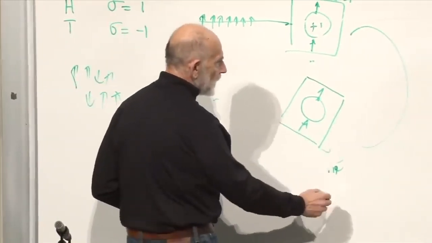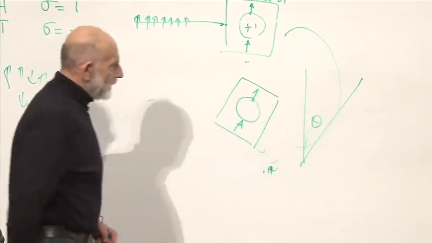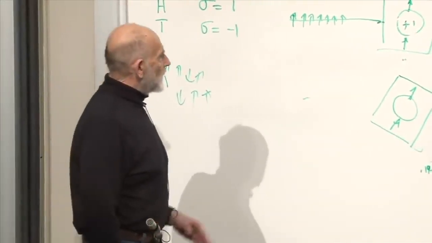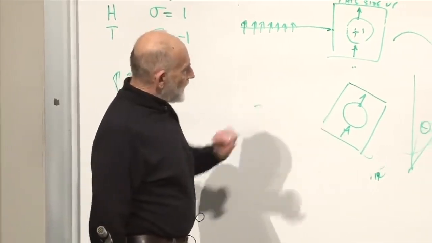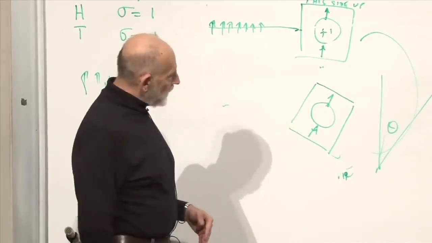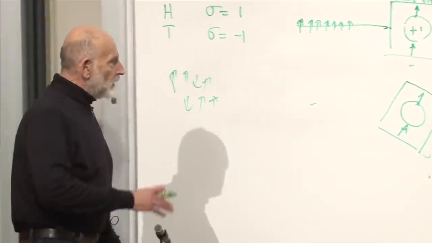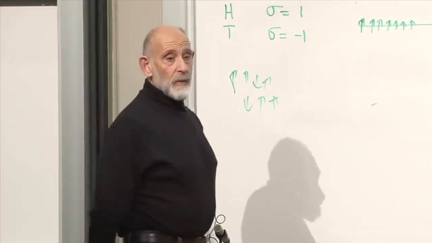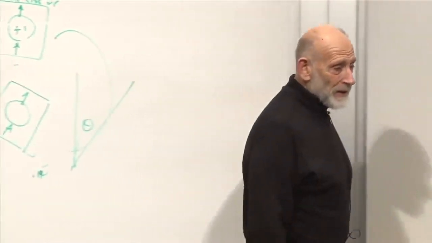So it's been rotated by angle theta, and we do the same experiment now. We take the first qubit and subject it to the detector oriented at angle theta. What do we get? +1 or -1. Do it again.